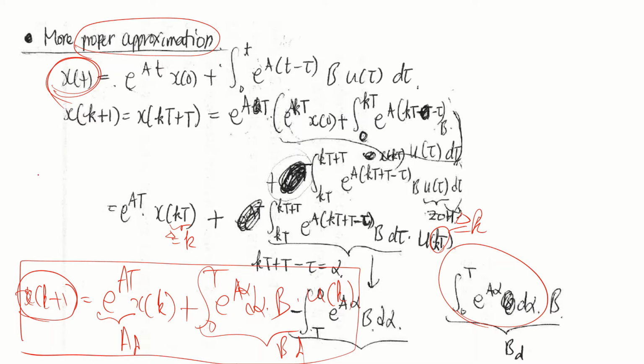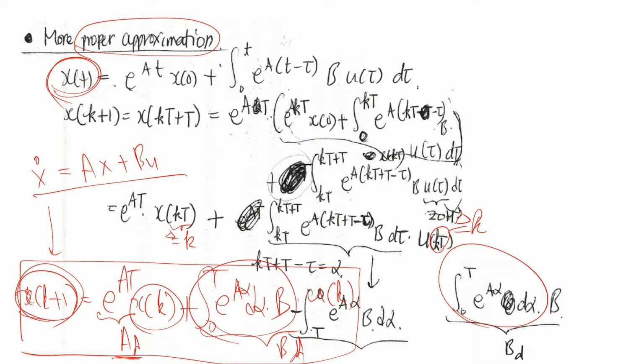Well, in fact, we start with this. So this one becomes x of k plus 1 equals A_d times x of k plus B_d times u of k.